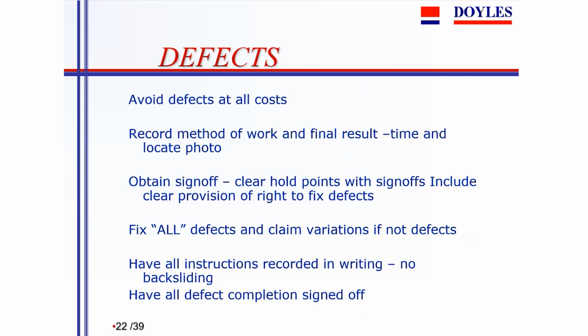So the issue is here, you should develop some clear approach to defects as you look at a contract. Defects should be avoided almost at all costs. If you get somebody who does quality work and doesn't have defects, he's much more valuable than somebody who's inexperienced, out of his depth, and is causing problems.